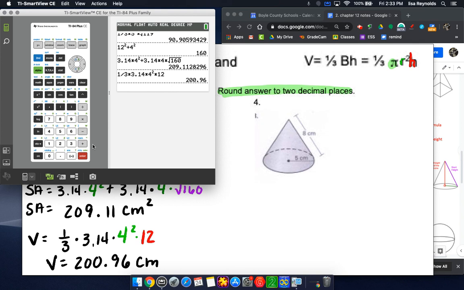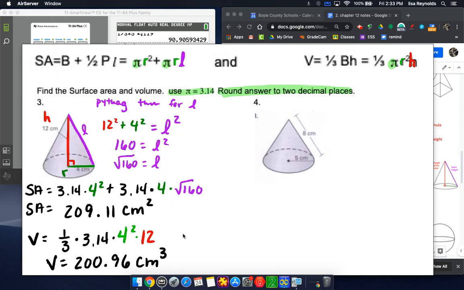Everything is in centimeters and volume is in cubic units. So each time you're working with cones, we need to know what to use for pi, what to use for the radius, and surface area uses slant height, volume uses height.